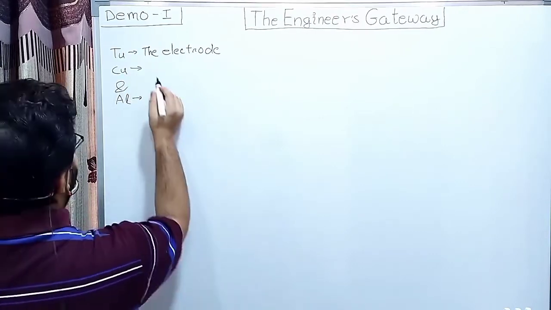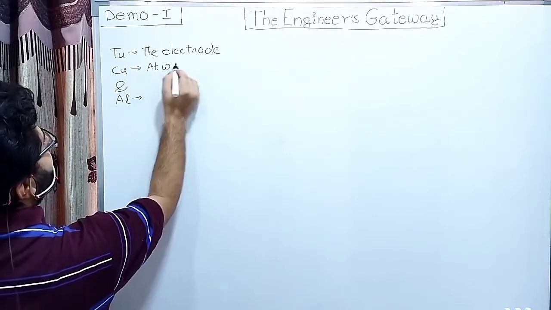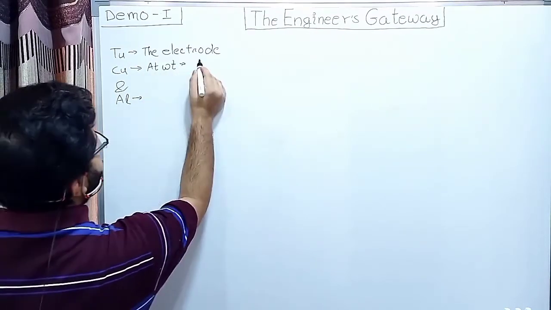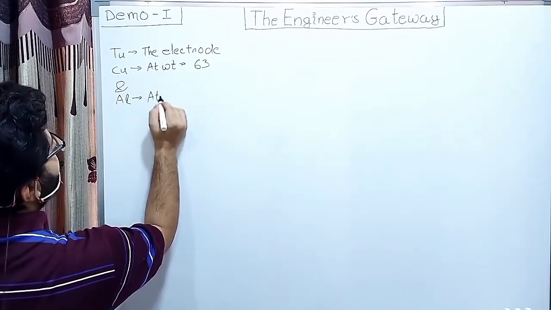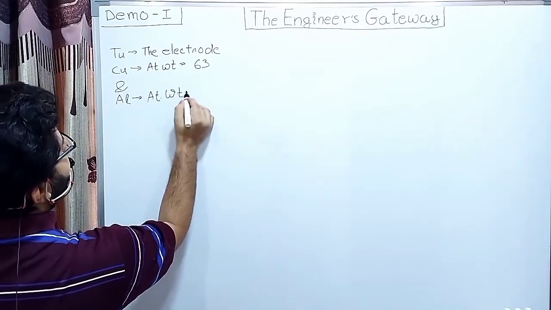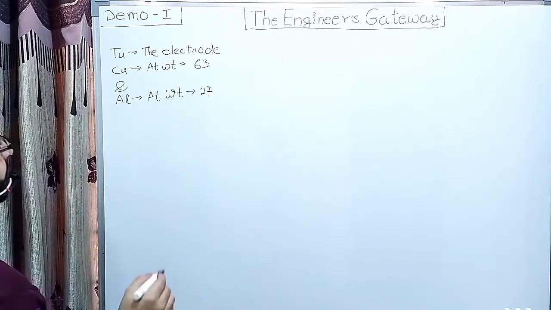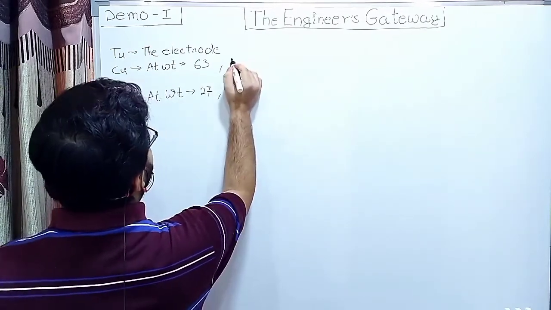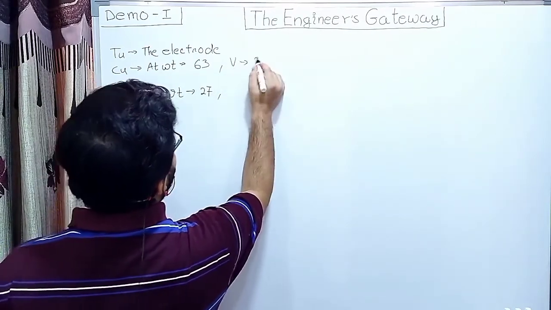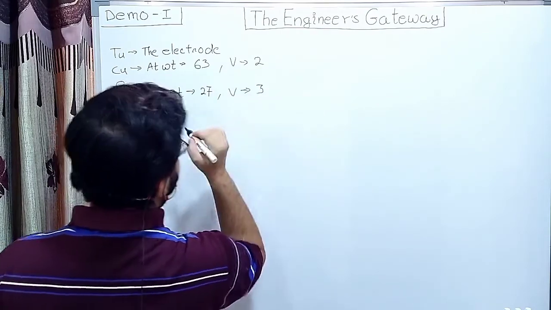You are given that for copper the atomic weight is 63, and for aluminium the atomic weight is 27. For copper the valency is 2 and for aluminium it is 3.